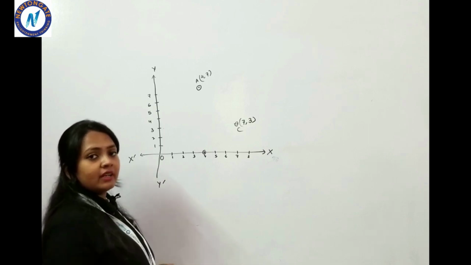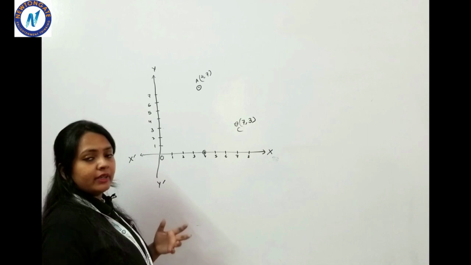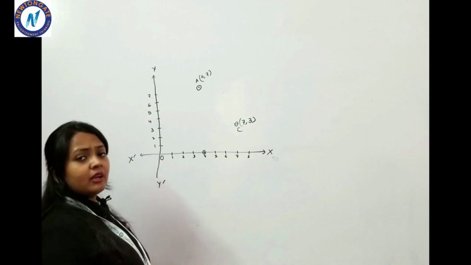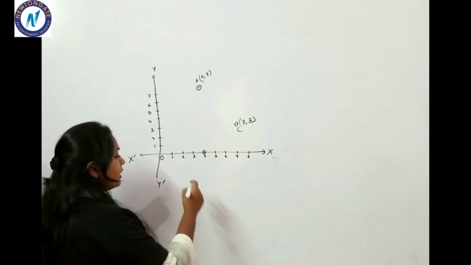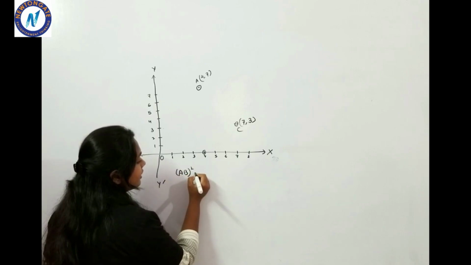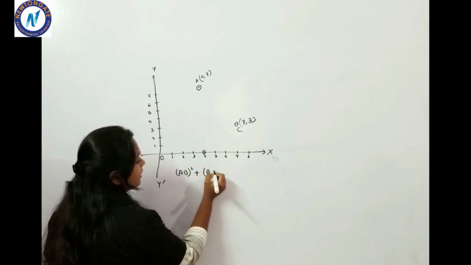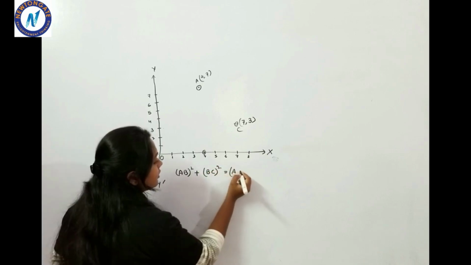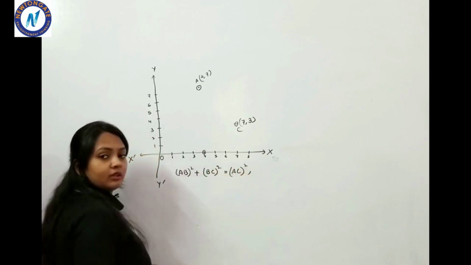Here it is given that the points A, B, C are the vertices of a right angle triangle. And by the Pythagoras theorem, we will write that AB square plus BC square equals AC whole square.